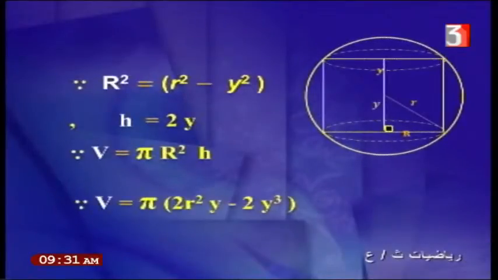Then the volume V equals area of the base times height. Volume of the cylinder equals pi R squared times the height. Then V equals pi multiplied by (2r power 2 y minus 2y power 3), which is r power 2 multiplied by 2y.